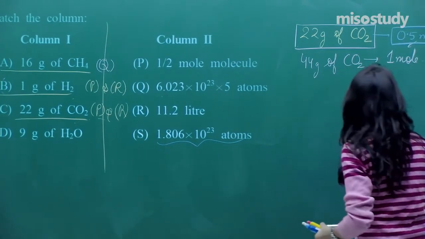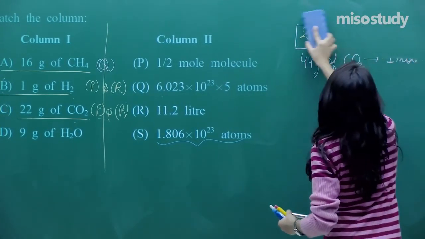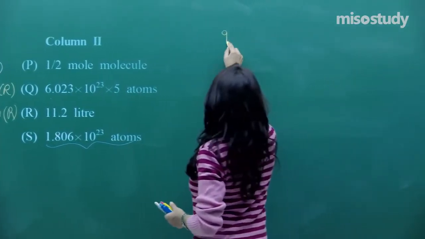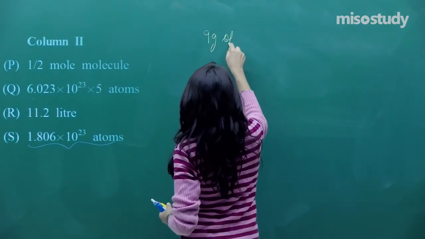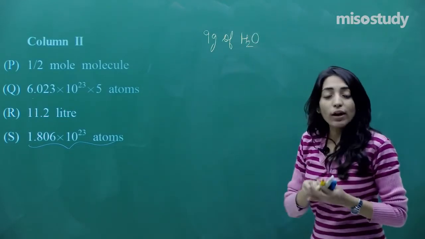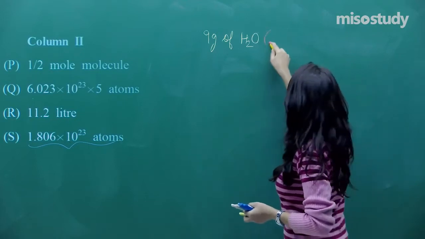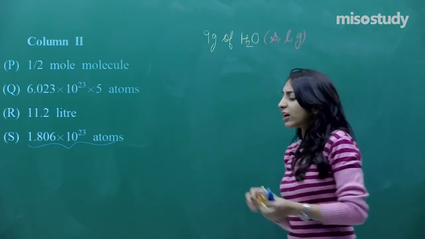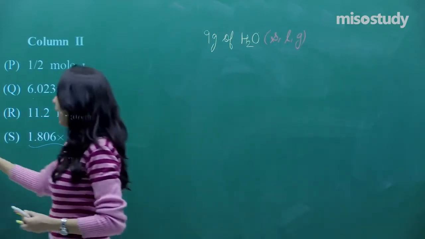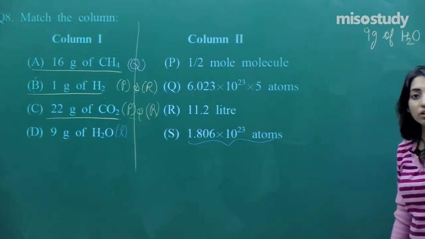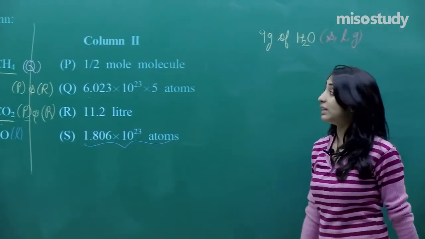So if I talk about 9 grams of water. Guys, now this depends. Water can exist as solid, liquid or gas. Let me, for your simplicity, say I am talking about water in the liquid state.